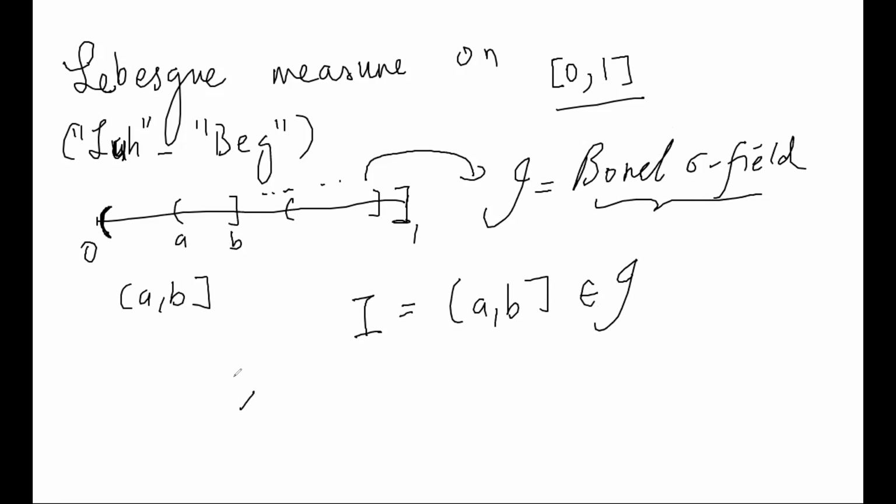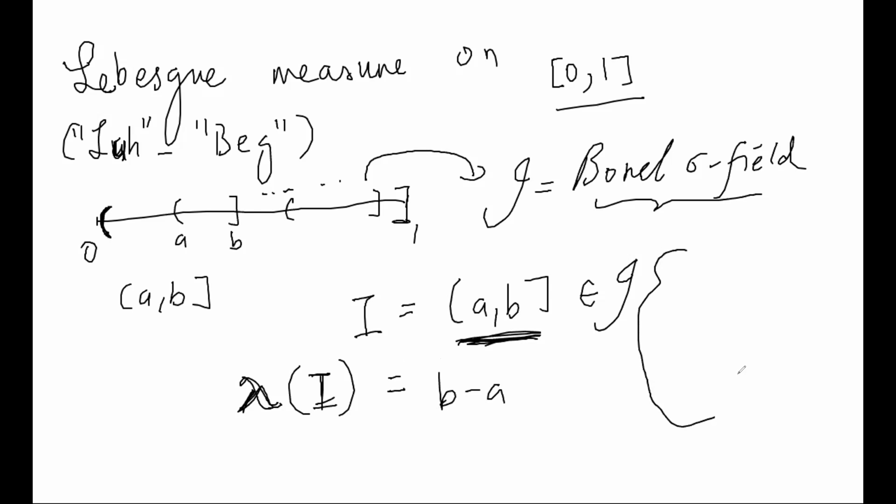You define lambda, the Lebesgue measure, on this I, as equal to the length of this interval. So this I contains many sets, all sorts of intervals, all sorts of subintervals.